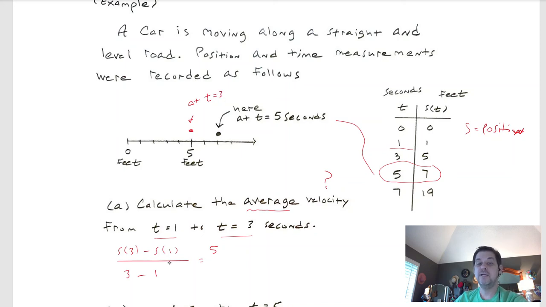And S of 1 is the position at t equal to 1. So that's this one. So we get it like this. And if we do a little bit more math, 5 minus 1, that's 4. And then this is 2.